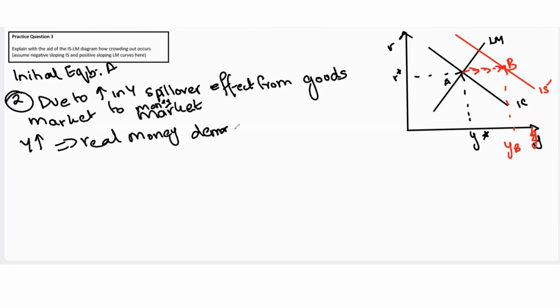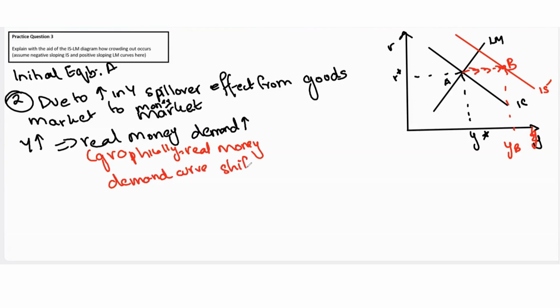Real money demand increases. Now, graphically, if we try to understand this, we know the real money demand curve shifts to the right in the money market diagram.